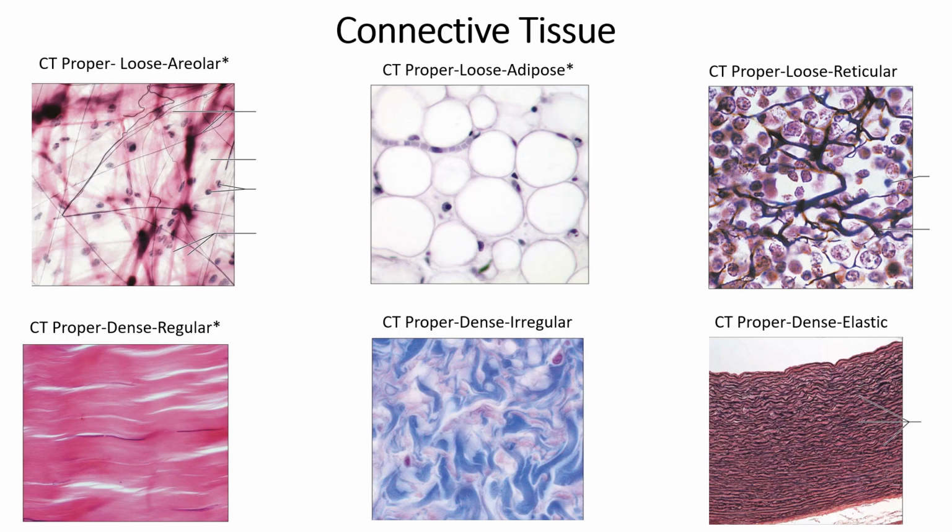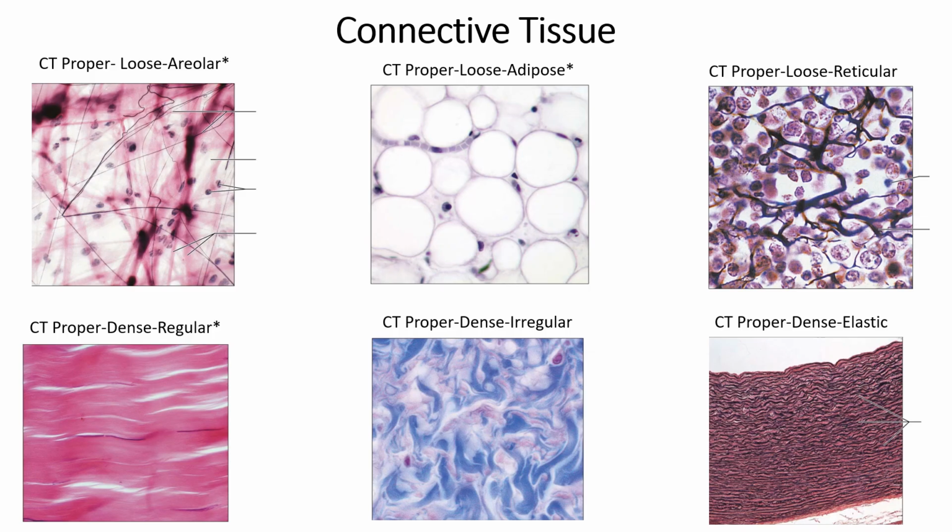One, they're all made up of ground substance, fibers, and cells. And two, they all arise from that mesenchymal tissue, that embryonic tissue when we're developing within the womb, right?